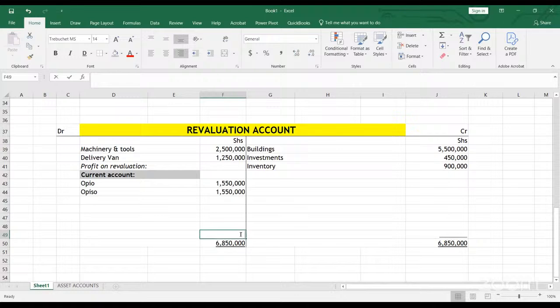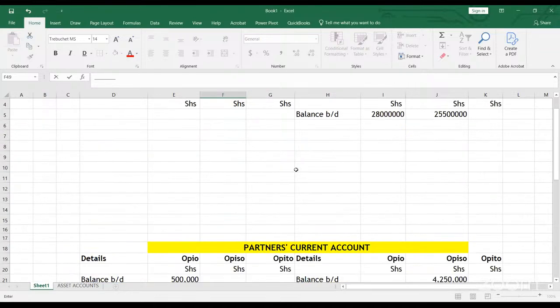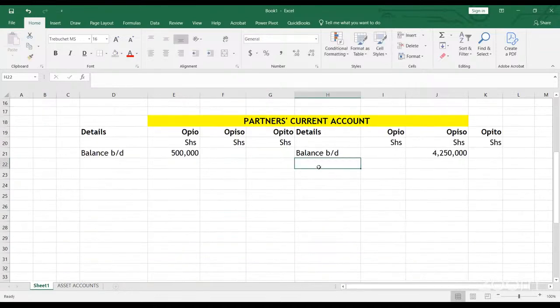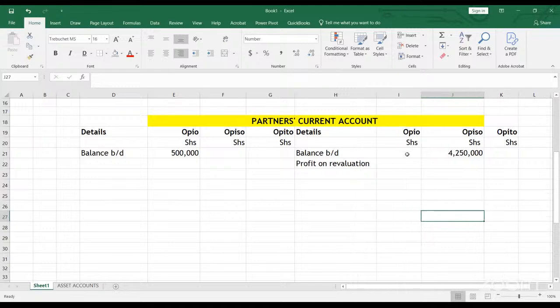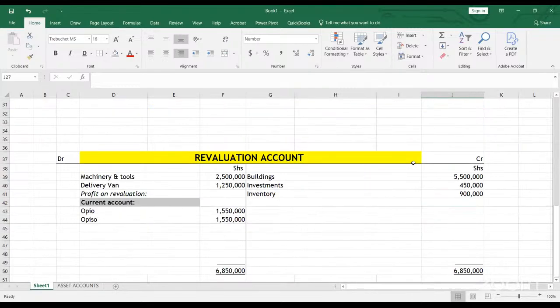Members, if you have a question, you can ask. Where do we take the profit shares? To the current account. So go to the current account. You write profit on revaluation. If the capital account was not given, then you use the capital account.